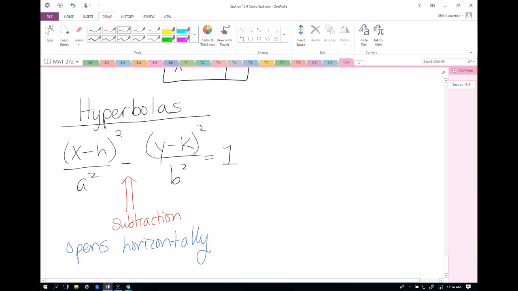If I switch those two and have the y written first, everything about it stays the same, except I'm going to write the y term first and the x term second behind the subtraction. Now my y term is positive. That means this is going to open vertically.